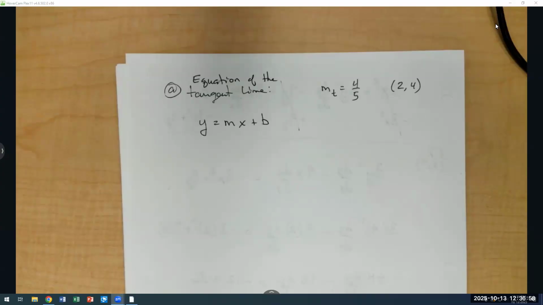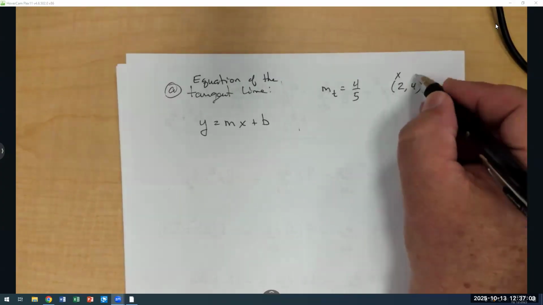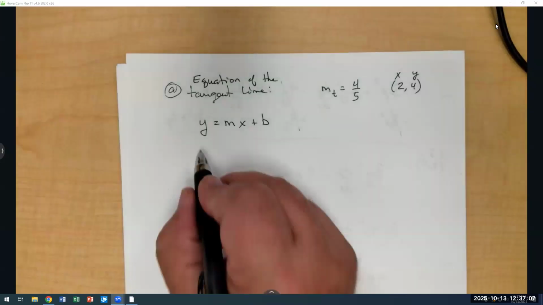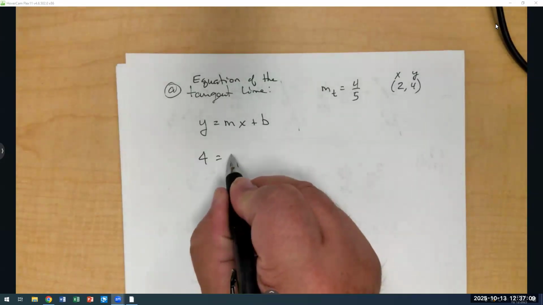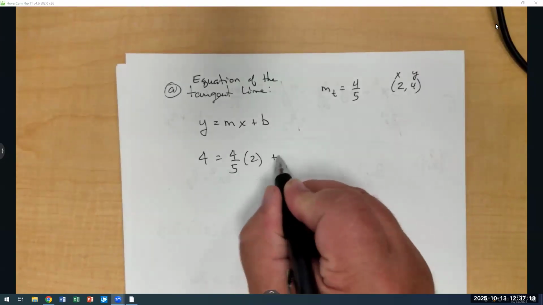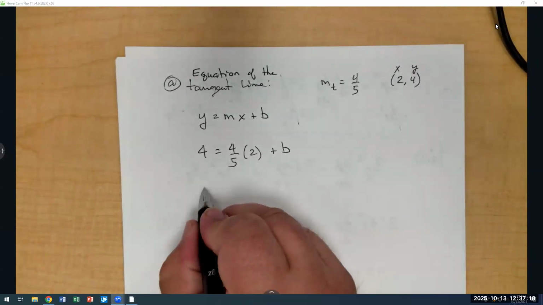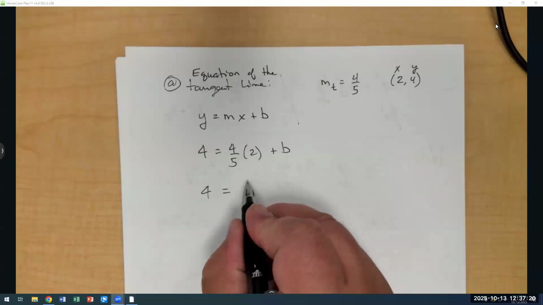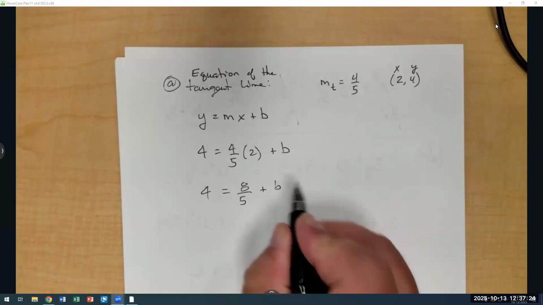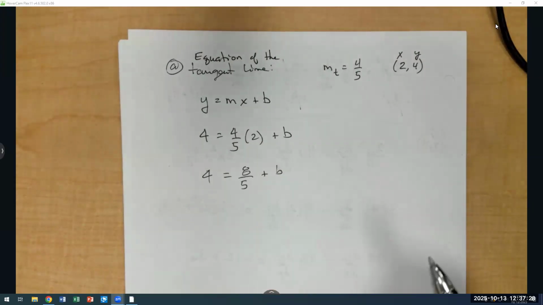B. We have M, we have X, and we have Y. So all we have to do is find B. So 4 is equal to 4/5 times 2 plus B. 4 equals 8/5 plus B. 4 times 2 is 8.